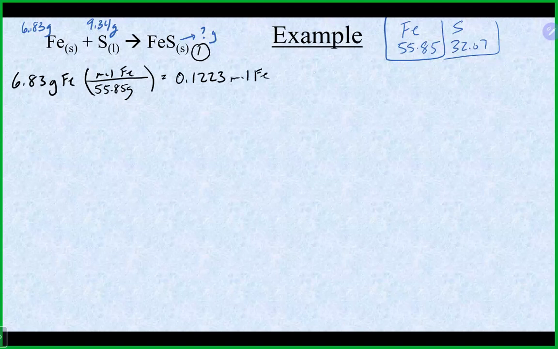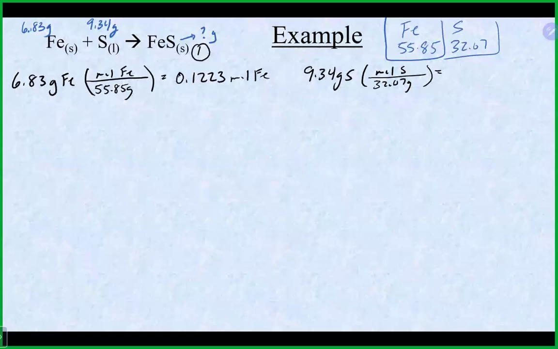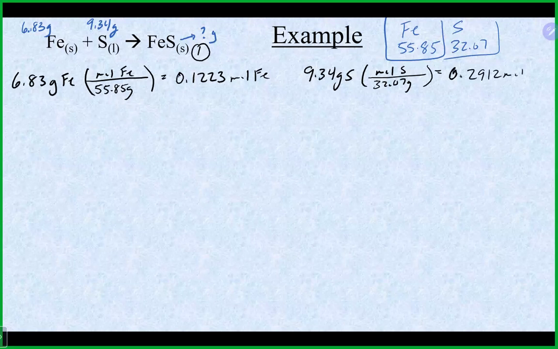I'm going to do the same calculation for my other reactant, 9.34 grams of sulfur, using the molar mass from the periodic table to convert it into moles. 9.34 divided by 32.07 gets me 0.2912 moles of sulfur. Once again, this is your starting amount of each of these.